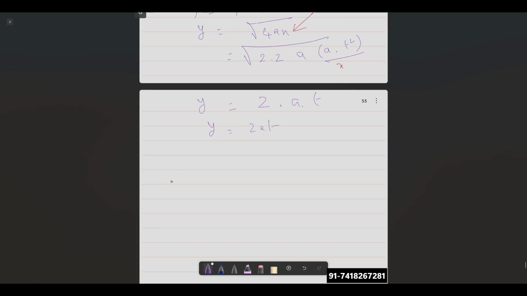So for the Cartesian form of parabola, y square is equal to 4ax, x equal to at square, y is equal to 2at are the parametric coordinates.